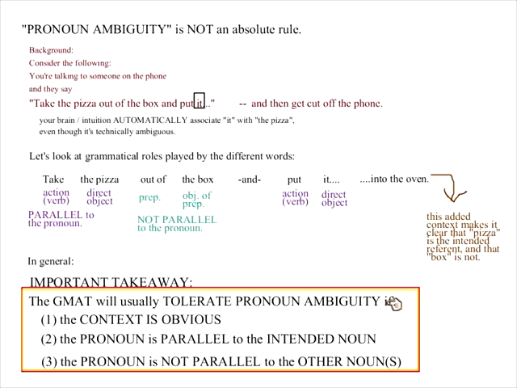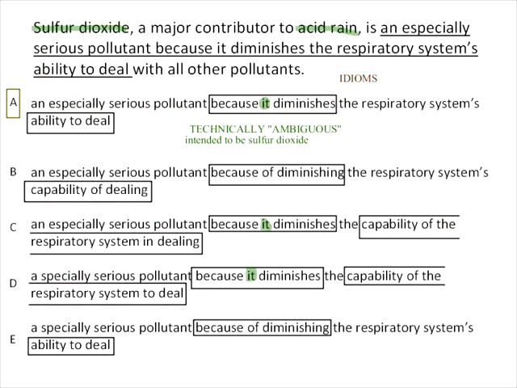Okay, so I think we've got a pretty good receptive audience here. So if we go back to this problem, let's check our three conditions here. Is the context clear?